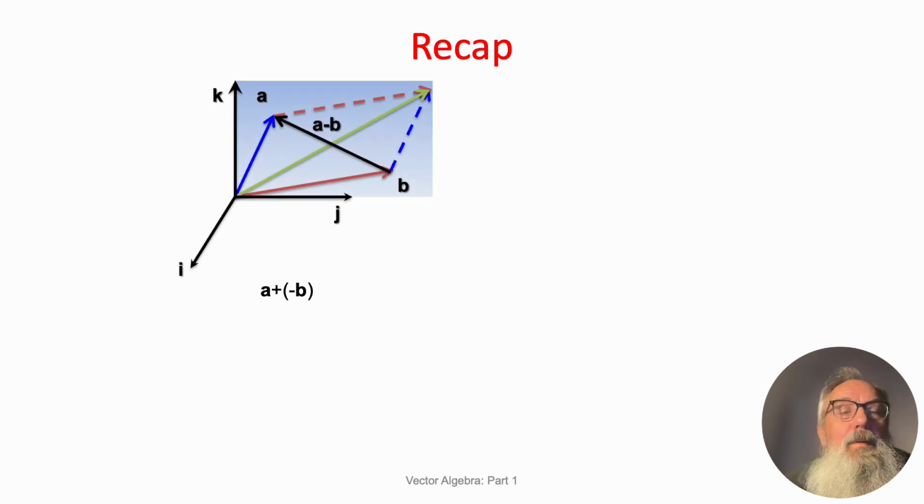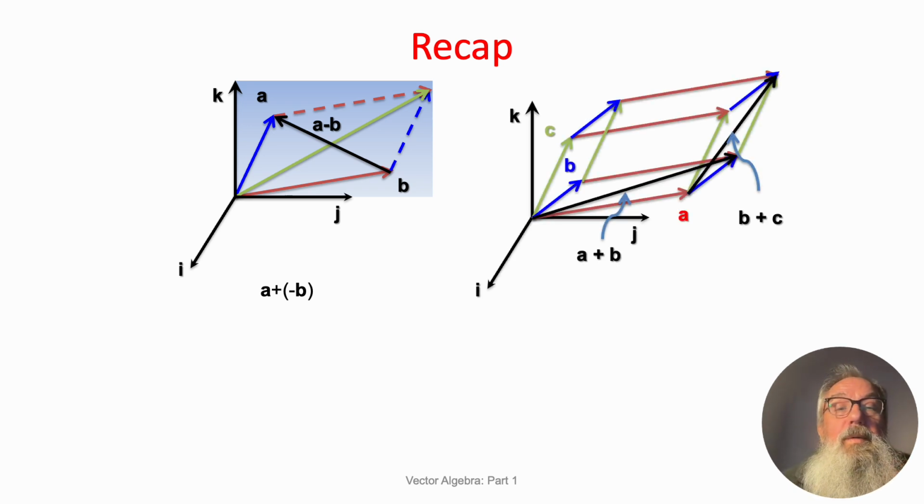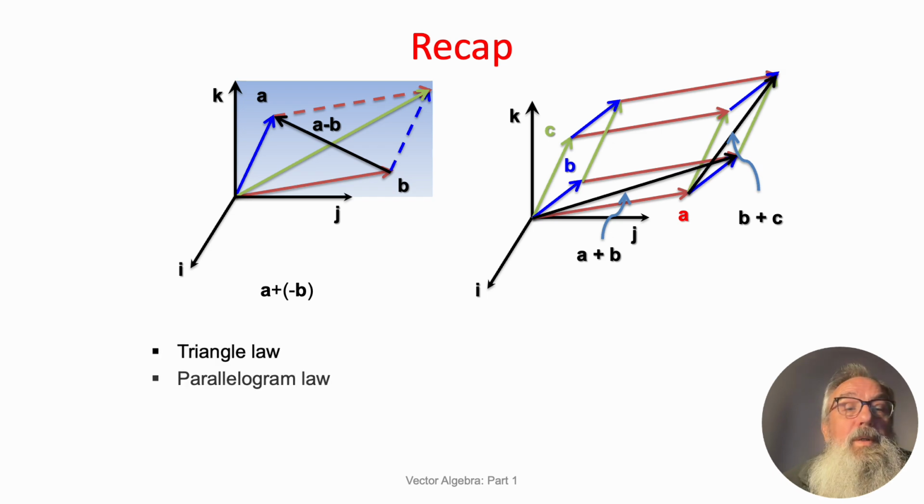Okay, we're going to do a little recap here. We've got two vectors, position vectors for A and B in a plane. We can do A plus B. This is the vector A to B, but the black line shown is minus B plus A, which is AB. We can see all this in 3 dimensions, but what we really want to see on this diagram is how we add two vectors together.